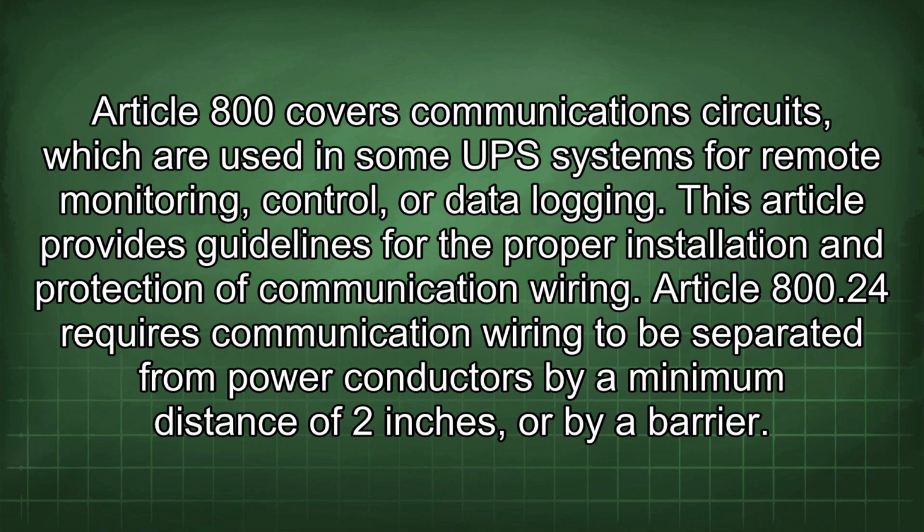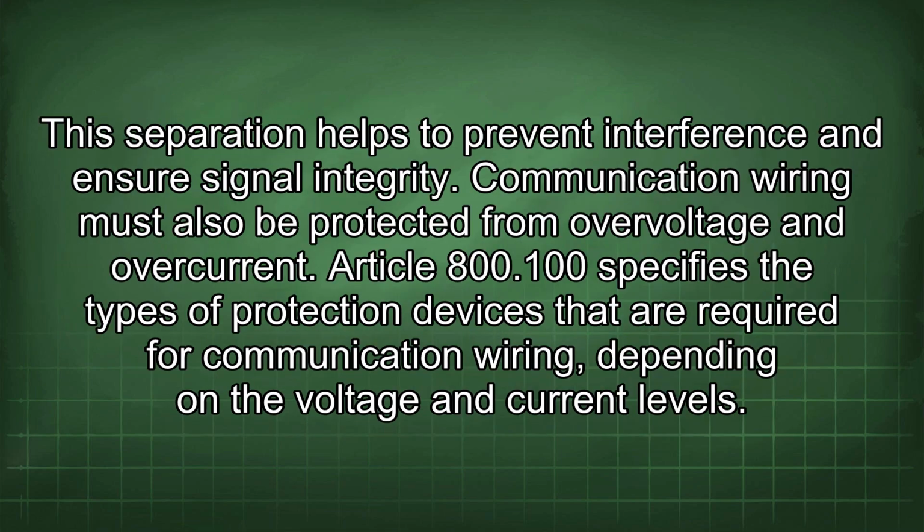This article provides guidelines for the proper installation and protection of communication wiring. Article 800.24 requires communication wiring to be separated from power conductors by a minimum distance of 2 inches, or by a barrier. This separation helps to prevent interference and ensure signal integrity.